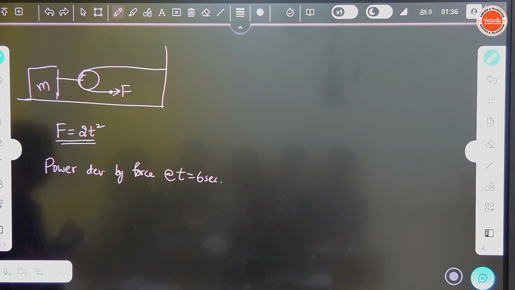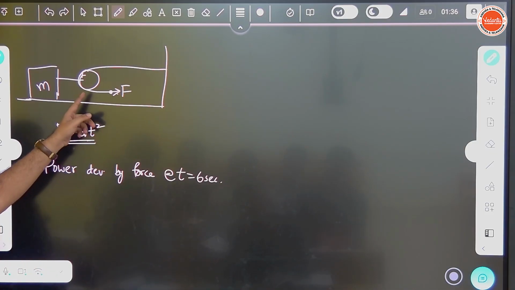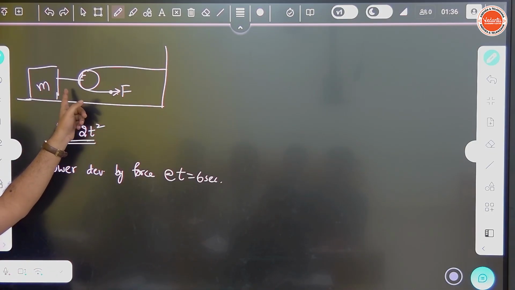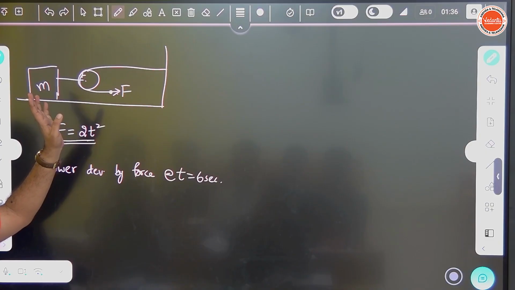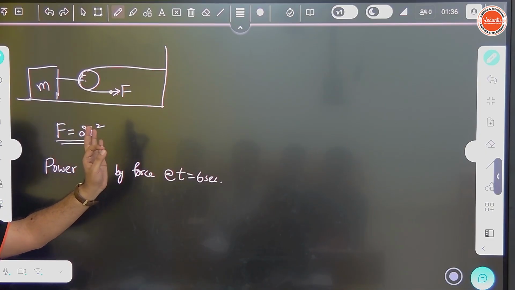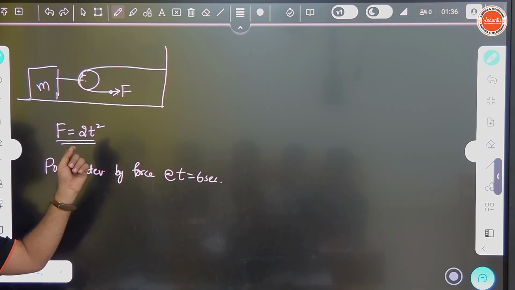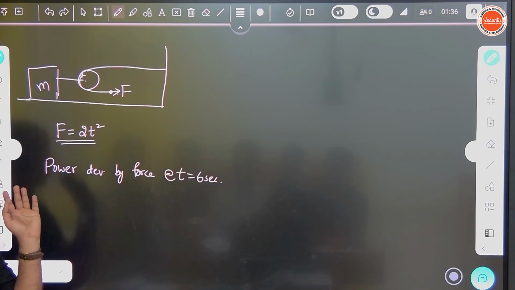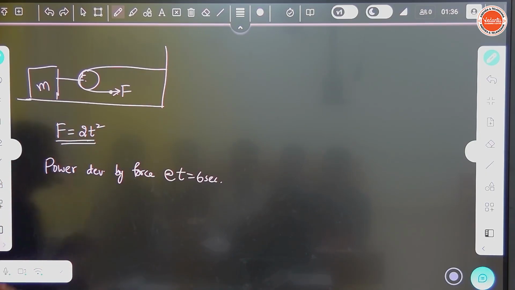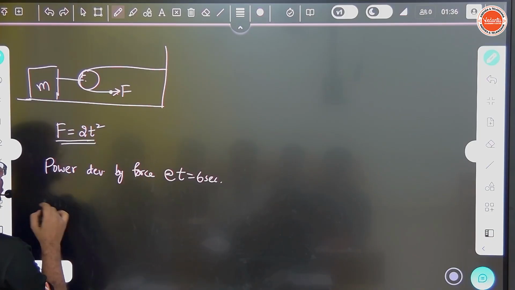It is causing displacement. Clear? It is not required that always your force acts on some block or some wedge, something like that, right? So indirectly this force is acting on this one, right, through the mechanism of this pulley and string, right? Just look at is that particular force causing the displacement in the system or not? Understood, right?